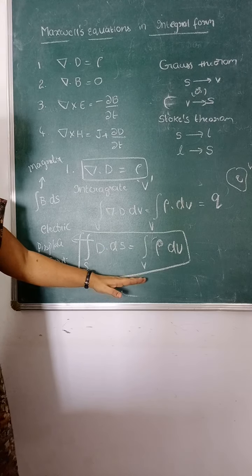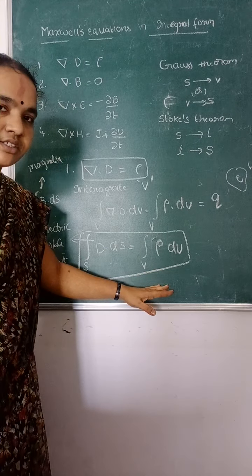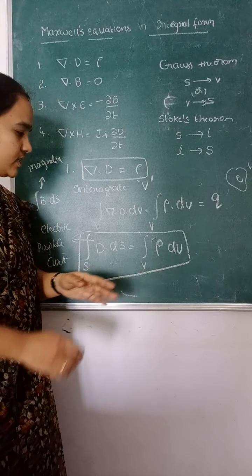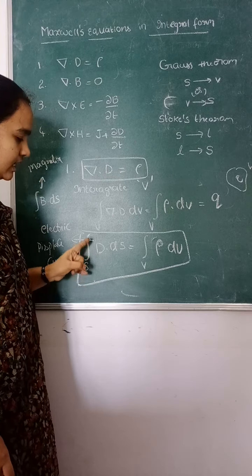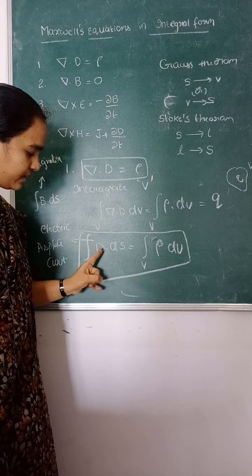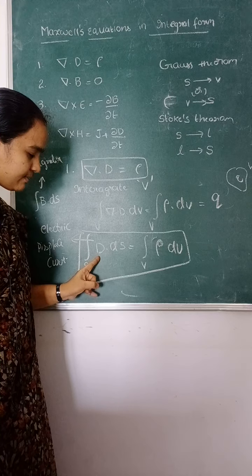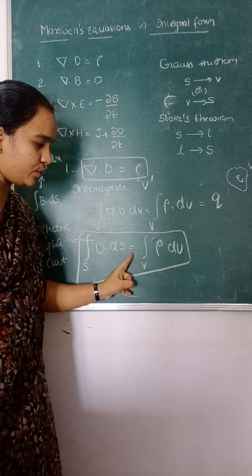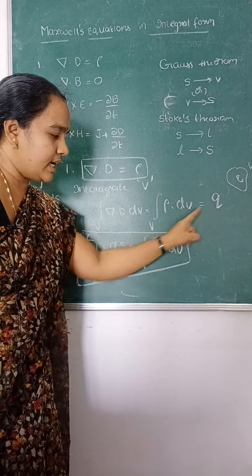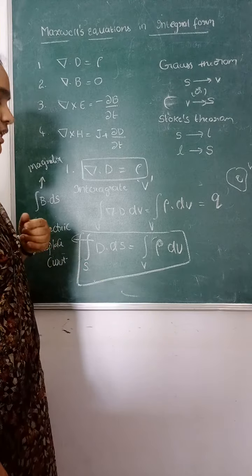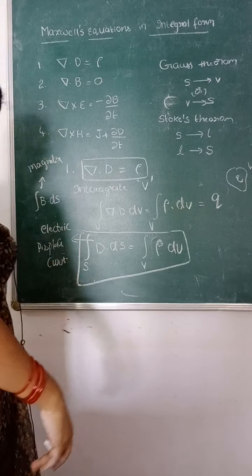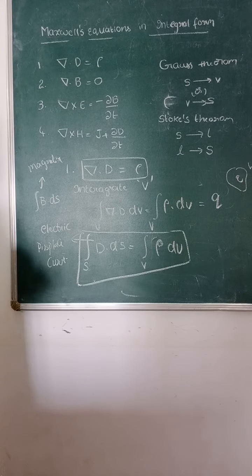So this is the physical significance of the first Maxwell equation. I am again repeating, the net outward flux of electric displacement current is equivalent to the net charge enclosed in a volume V. So this is the integral form of the first Maxwell's equation.